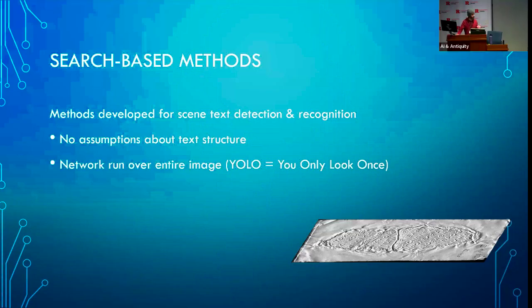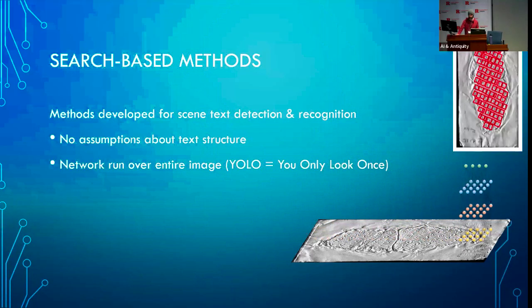YOLO actually stands for you only look once, not you only live once, and it expresses this difference between this kind of model and the CNN, which works patchwise. It generates 2 potential outputs: scene text detection and recognition. Detection is to say we've got these boxes, which you can see in the upper right.